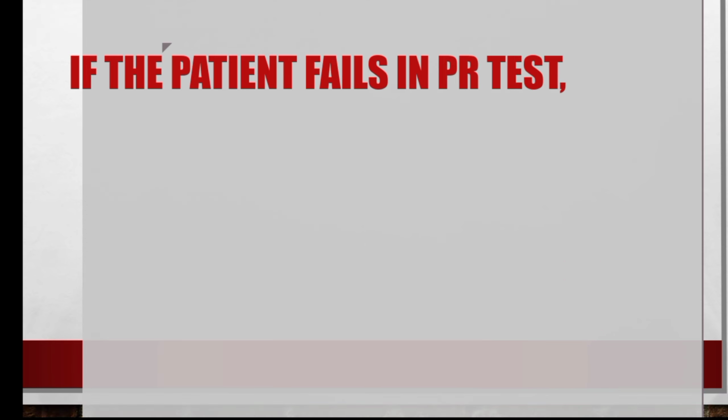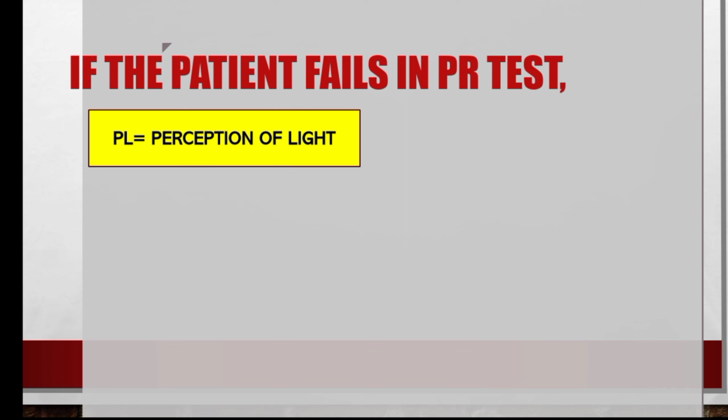Now if the patient even fails the projection of rays test, the PR test, then the next procedure we follow is perception of light. Perception of light means we just switch on a pen torch light, a bright source of light, in front of the patient's eye, and ask whether he or she can see that a source of light has been switched on in front of the eyes.